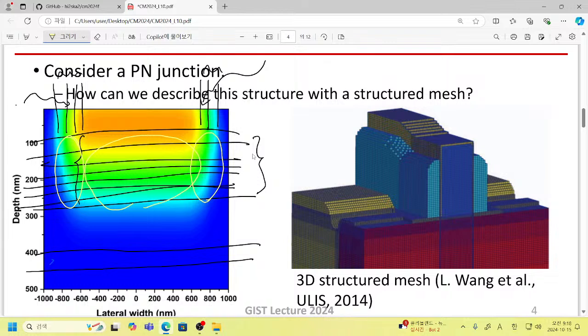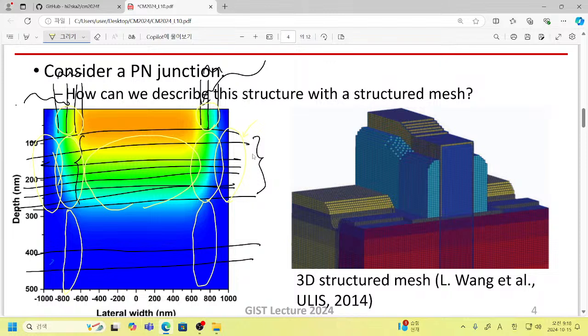Also this part will be well described. Good. And how about this part? Since our vertical direction is densely populated, here we have high resolution. But do we really need high resolution for this point away from this two-dimensional PN junction? Actually, we don't. And please think about this point.